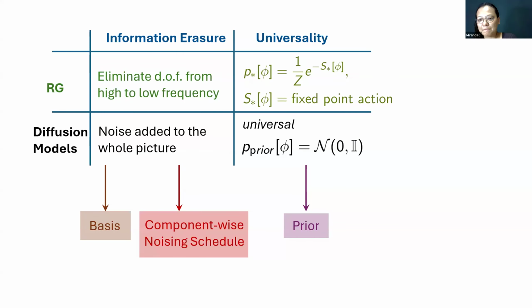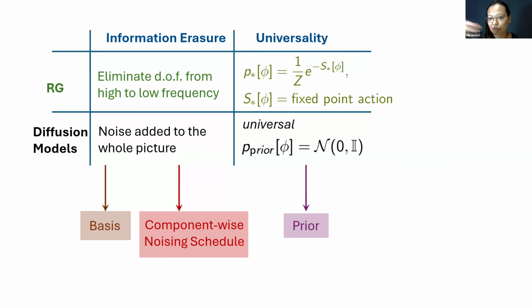The second thing is the basic fact that in RG, your information erasure is happening in a way that's manifestly ordered. In the case of a sharp cutoff, you first erase one frequency and then you move to the next, and so on and so forth.